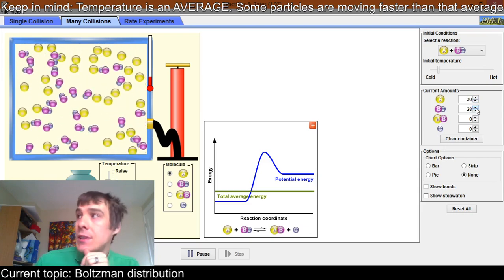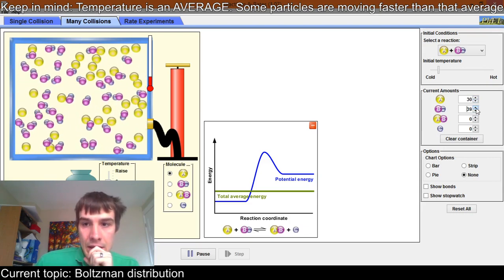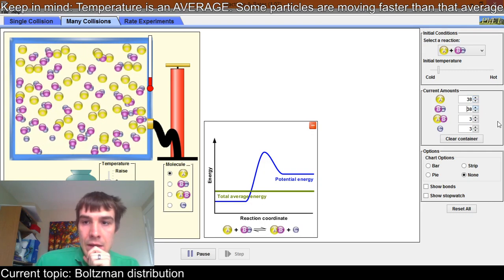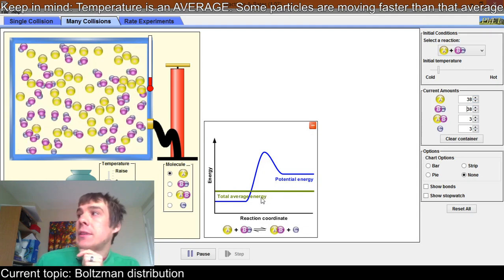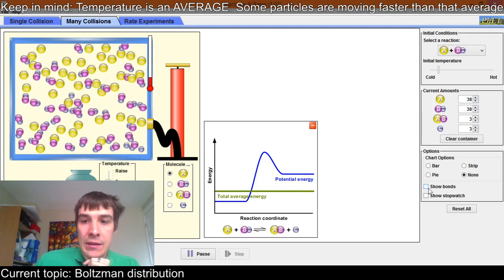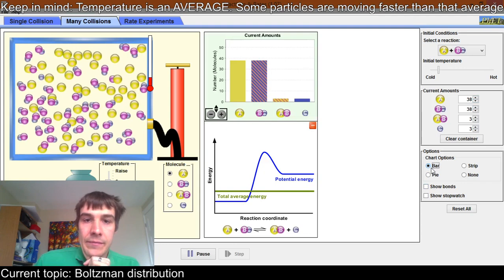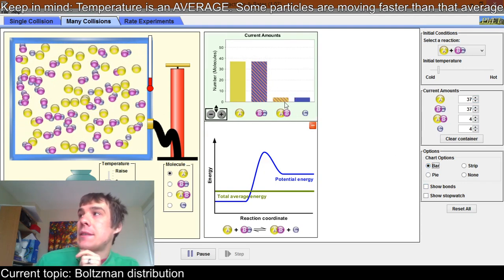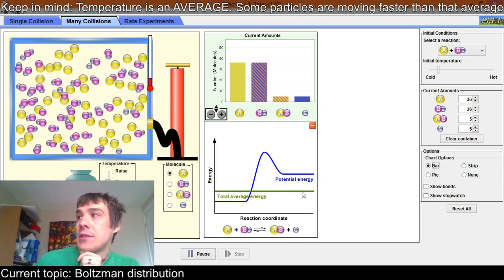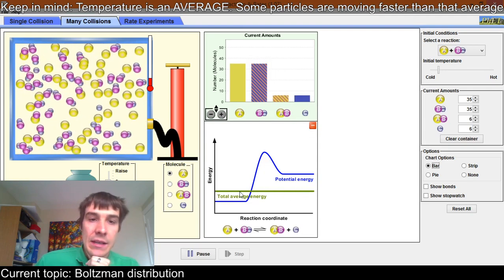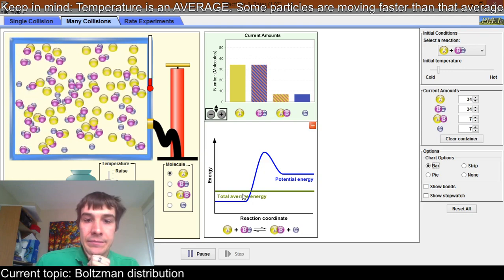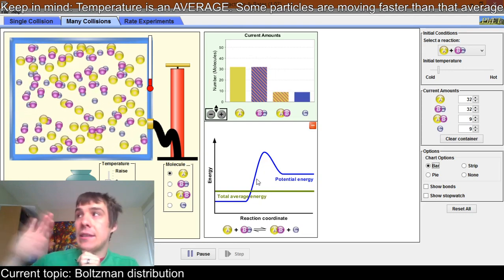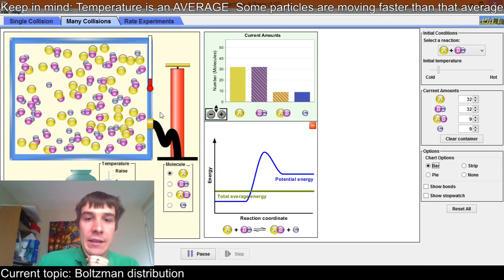Notice that the average energy here is below the energy well, but I am getting some reactions. I am getting some AB plus C, because even though the average energy is not high enough, there are some in that distribution that are higher.